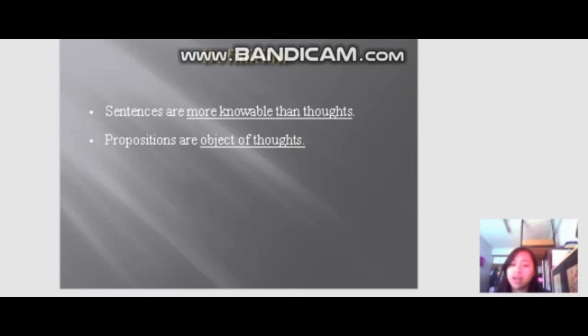True propositions correspond to facts, and false propositions do not correspond to the facts. In learning semantics, we should be able to analyze the meaning of non-sentences, such as phrases or incomplete sentences. To have accurate analysis, we should understand the whole sentence by involving proposition, because propositions are parts of meaning.